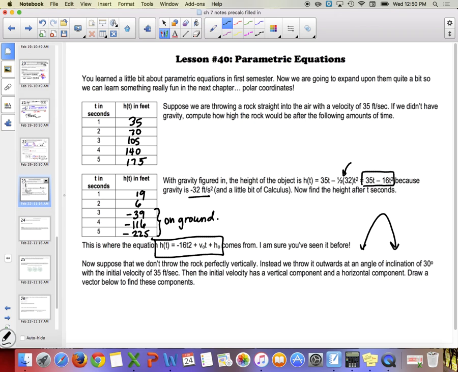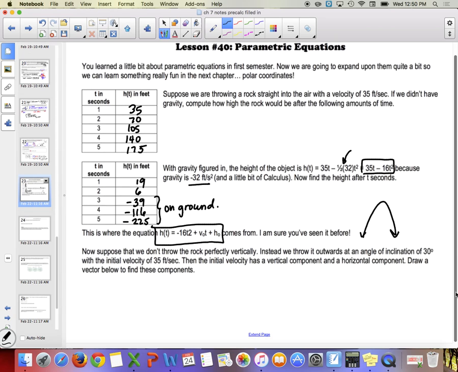All right, it says, suppose we don't throw the rock perfectly vertically. We're not throwing it straight up and then straight back down. So really it's not the parabola, it's really just straight up and down. Instead we throw outwards at an angle of inclination. In order to do that, we're going to have to start talking about vectors.